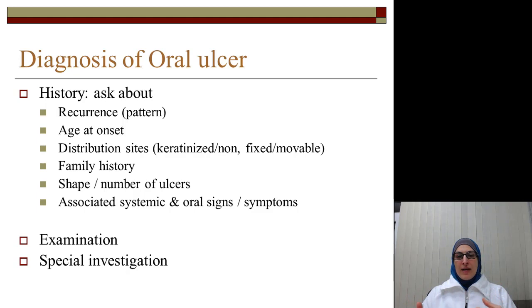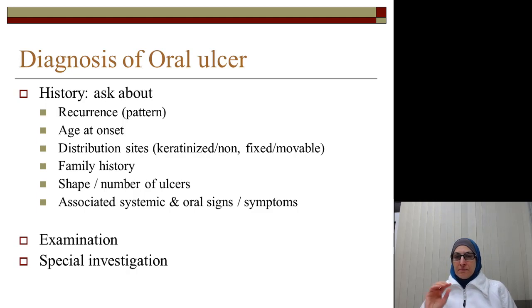Do you have fever or malaise or any symptoms associated with the eruptions of the ulcers? Again, this suggests the presence of infectious agents or maybe a systemic condition. If the condition is just localized to the oral cavity, with no fever, no malaise, no other signs or symptoms, you would focus more on a local oral condition rather than a systemic disease.